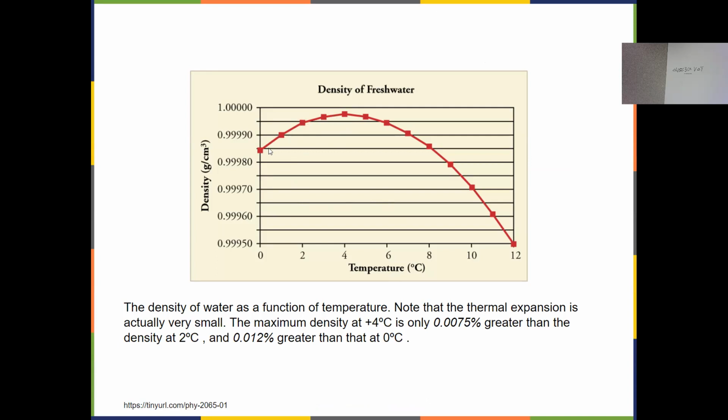All right, so this is one exception. After that, it's normal. When the temperature increases, the volume increases, so the density decreases. So this is a curve of density versus temperature. Okay, so you have to think about that. Density and volume are inversely proportional to each other. If density increases, that means that for the same amount of water, its volume will decrease.